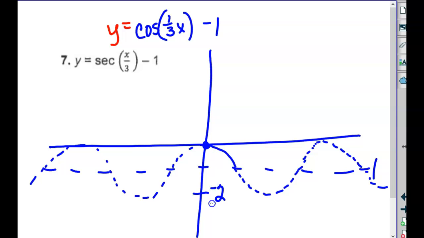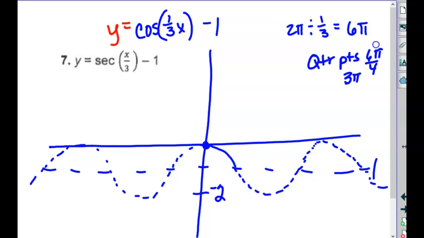All right. What is the period? 2 pi divided by 1/3 would be 6 pi, right? And so the quarter points would be 6 pi over 4, or every 3/2. So this is 3 pi over 2.